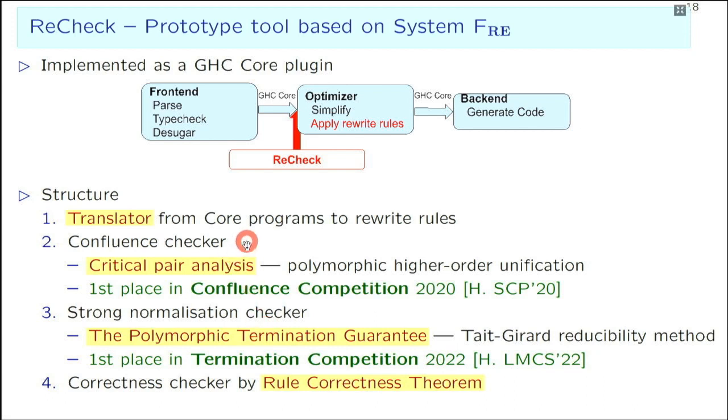So these techniques use the current state-of-the-art technology known in the rewriting community.